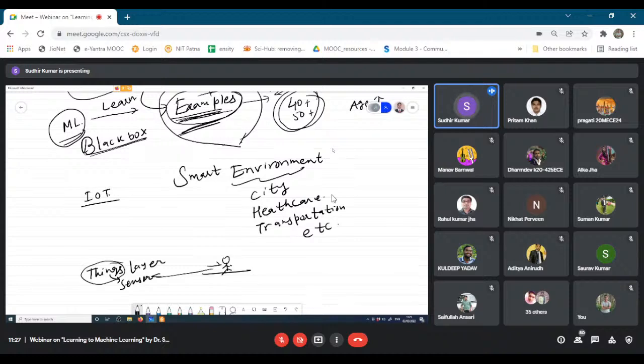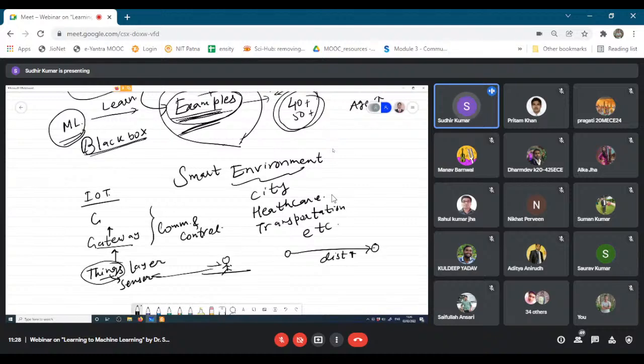The things send this data further to the network layer, let us say the gateway. Because the range of the things is very small, as they are tiny resource-constrained devices, we use the gateway at the network layer to form a larger network, so that you can send data from one end to the other even when the distance between these two points is very large. On top of this, the gateway further sends the data to communication and control.